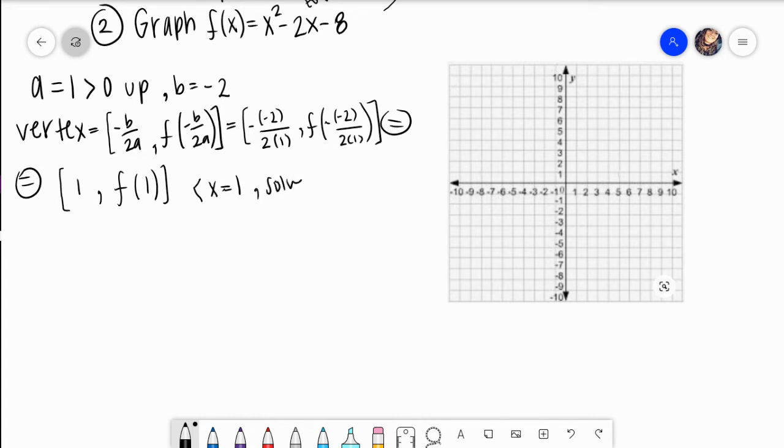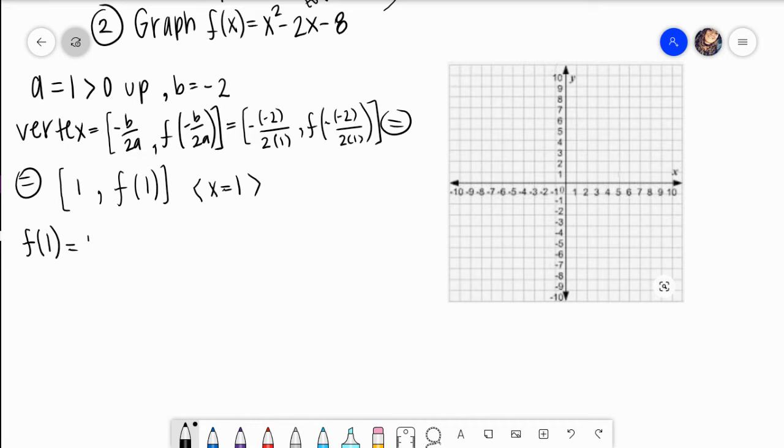I need to solve for my y so that I can figure it out. I don't really like saying solve for y because that makes it seem like it's y equals. Let me say that again. Technically, let's just pull what we know from it, which is x equals 1. Now, in order to find my y, I need to actually plug my f of 1 in.